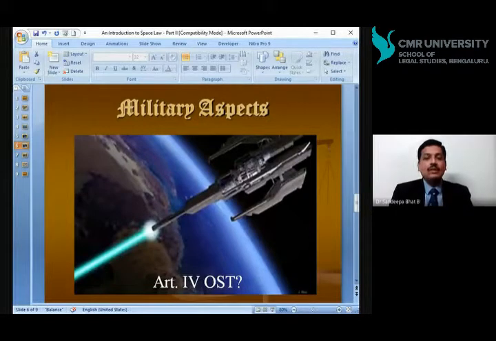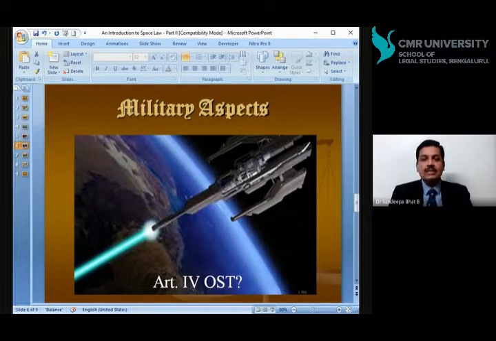So therefore, there is every possibility of outer space being used for purposes which are not peaceful in nature, which is very absurd. We are very much concerned about outer space not being used for military purposes, but unfortunately, the second paragraph speaks only about the moon and other celestial bodies.